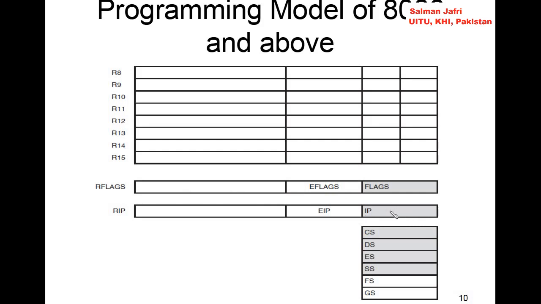Similarly, the instruction pointer IP is a 16-bit version of the register, EIP is a 32-bit version, and RIP is a 64-bit version of the instruction pointer. Then we have the code segment, data segment, extra segment, and stack segment registers, right? Then we have of course the FS and the GS registers. We will be talking about them later on when we talk about the other architectures above the 8086.